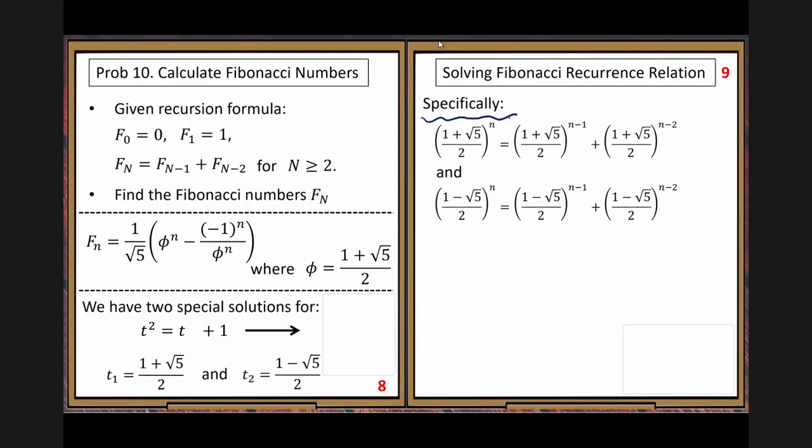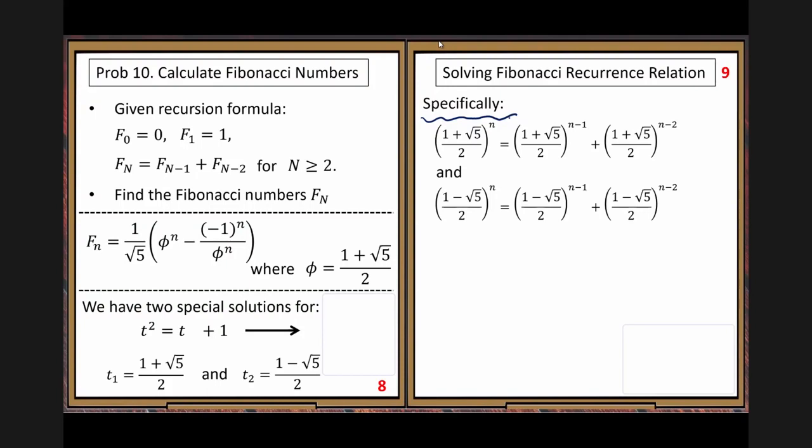We use these two special solutions as the building blocks to construct a new, more general solution. That's what we want to look at. Building blocks. Then we construct a new, more general solution on top of these two building blocks.